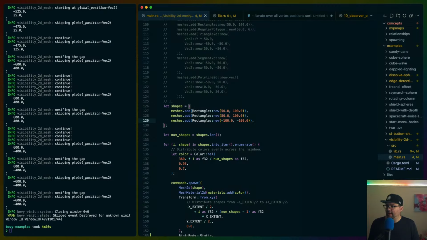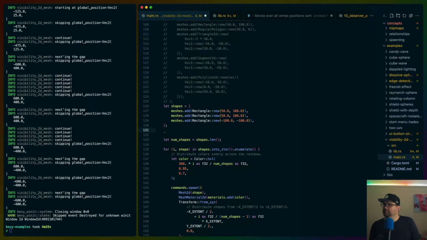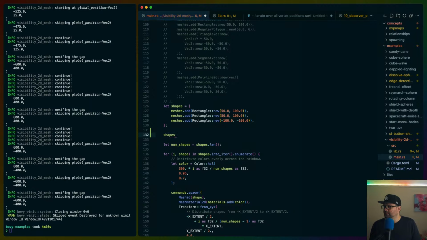So we have shapes, and shapes is going to be shapes.iter.map shape.